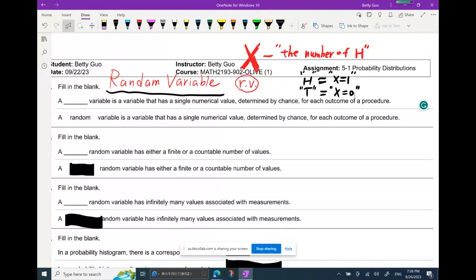Basically, a random variable is used to represent the outcomes and assign each single outcome a specific value. Does that make sense? Let me know. Random variable is very important, and we use capital letter X to represent random variable.